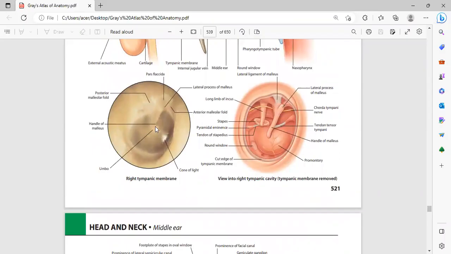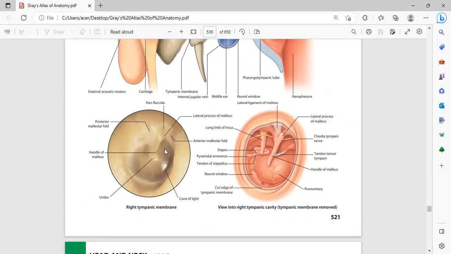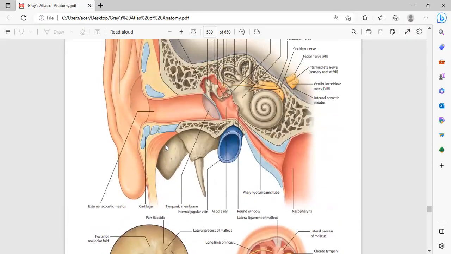Through this tympanic membrane, you can see the bones in the middle ear. We know that this is the malleus, this is the incus, and this is the stapes.